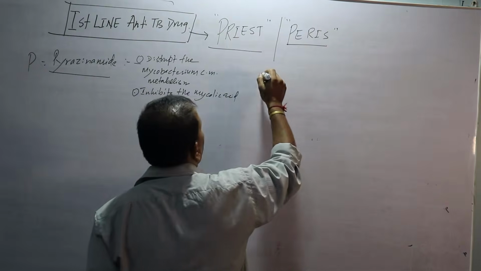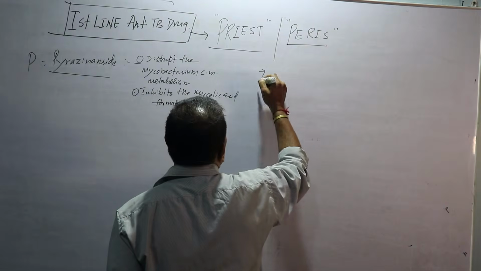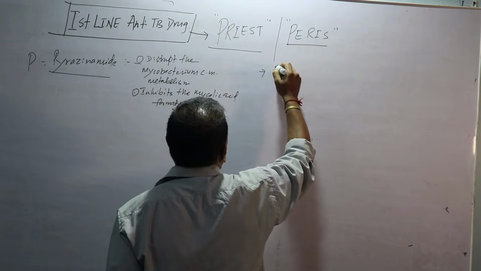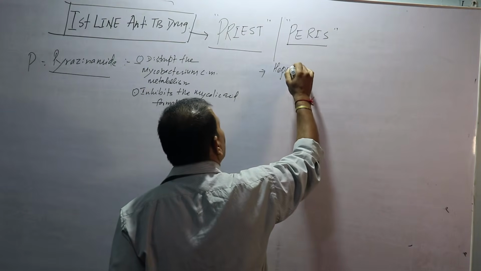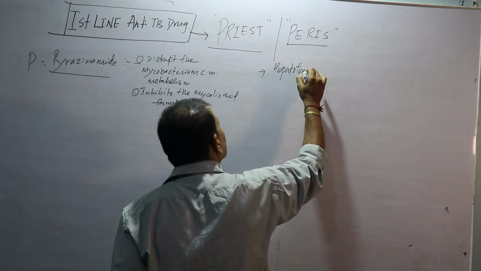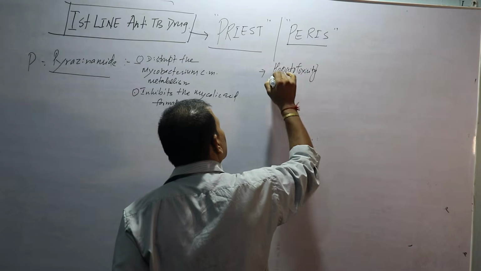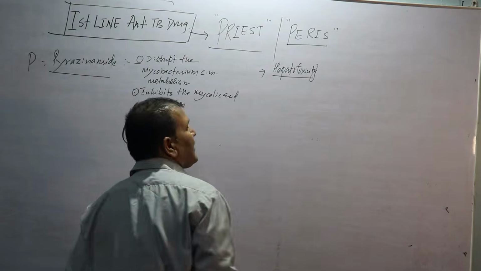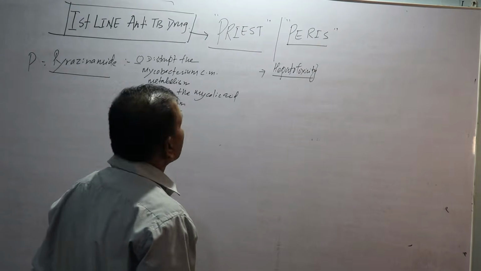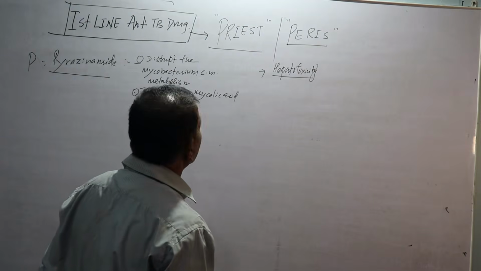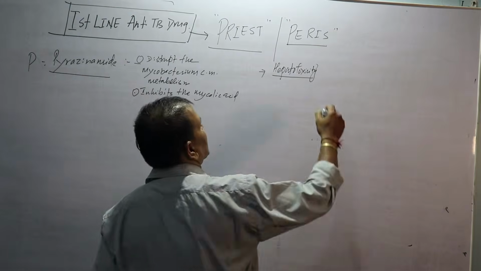What are the consequences? What is the side effect? A person taking pyrazinamide has a common side effect: hepatotoxicity. It has the highest hepatotoxicity among all first-line anti-TB drugs.